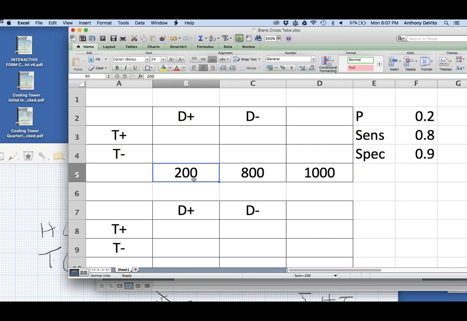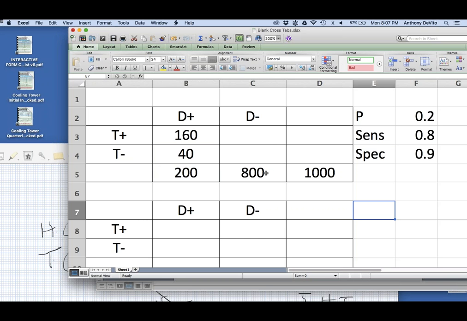So how many people have the condition? 200, right? How many people are going to test positive? It's going to be 200 times 0.8. It's going to get it right 80% of the time. That leaves how many people that don't test positive? 40. It gets it wrong 20% of the time. Those are our false negatives.